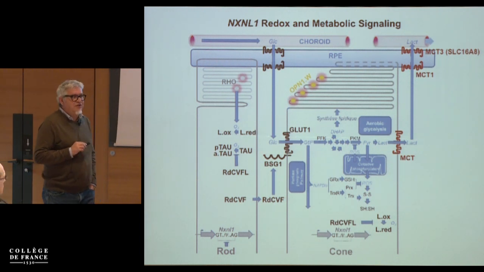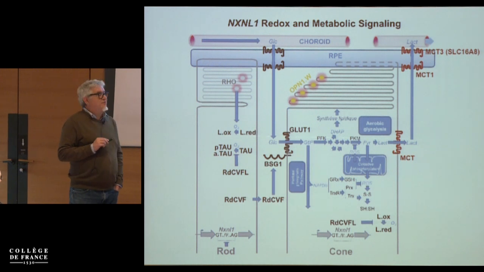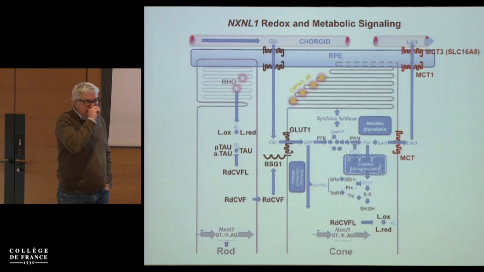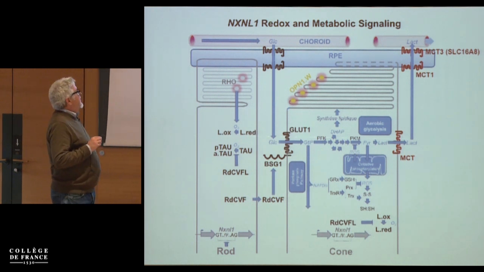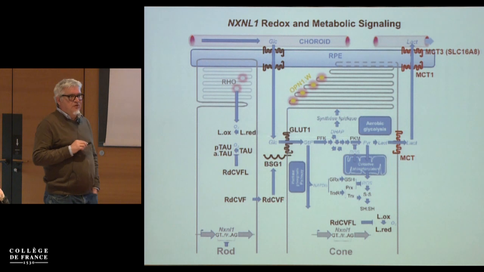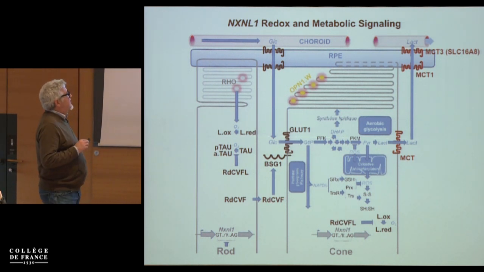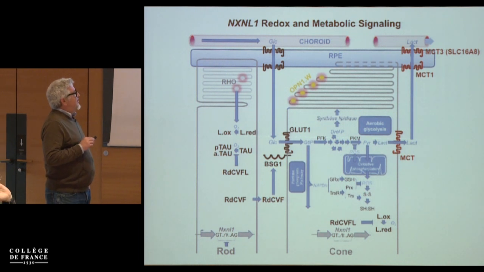This protein was not known to be a receptor, so we identified GLUT1 as its partner on the membrane, and the association in the complex between RDCVF, BSG1, and GLUT1 makes an increase in glucose uptake by cone photoreceptors. So this is basically the hypothesis of the mechanism.